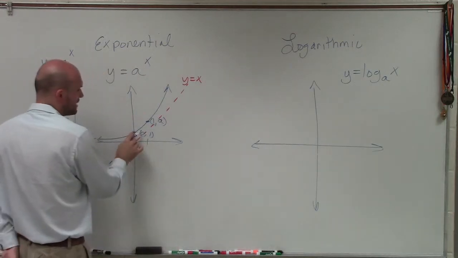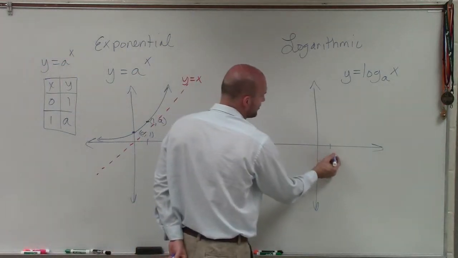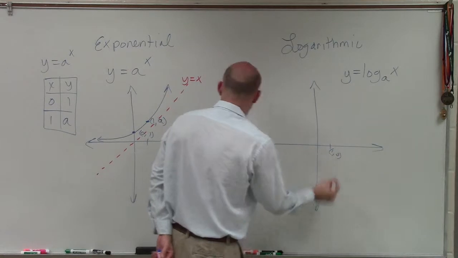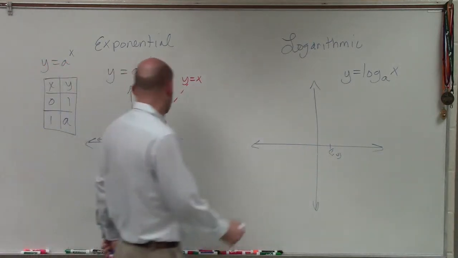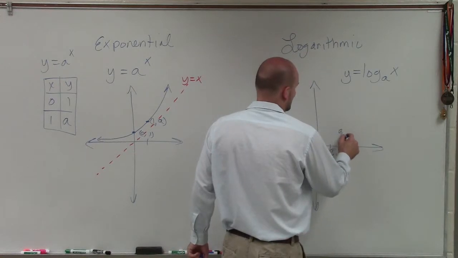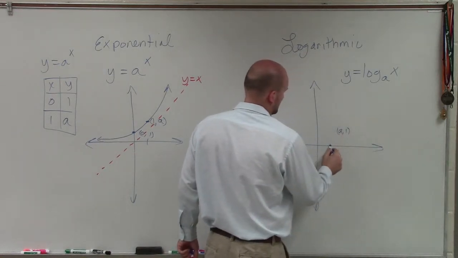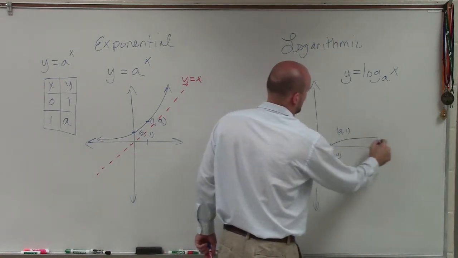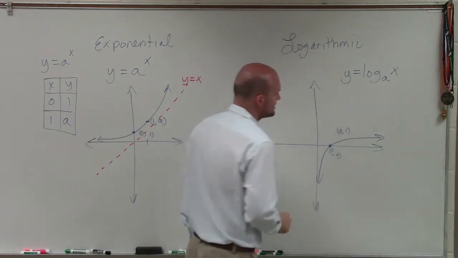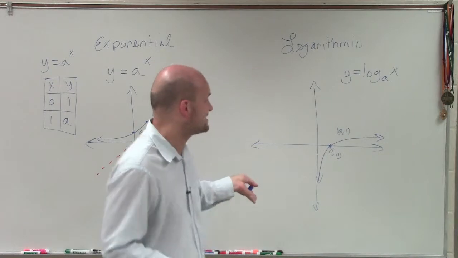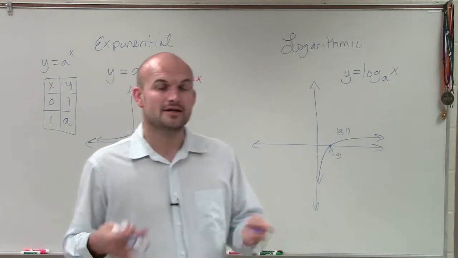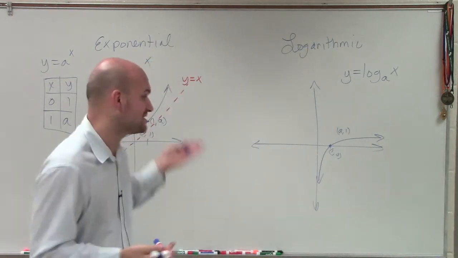So instead of having a point at 0, 1, I'm now going to have a point at 1, 0. Instead of having a point at 1, a, I'm now going to have another point at a, 1. All right, so the graph's going to look something like that. And again, it's going to depend on how fast it's increasing or decreasing based on the transformations and also the base of your logarithm.